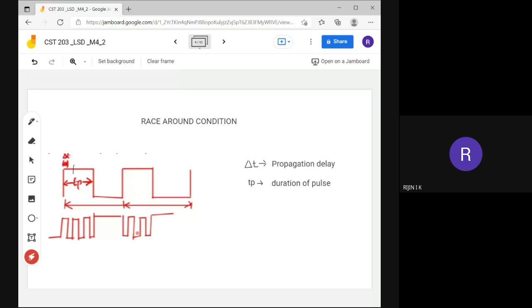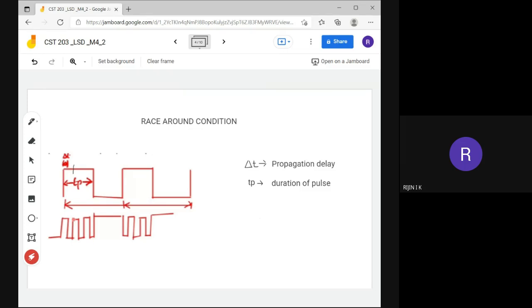That means if the clock pulse is too long and the propagation delay is less than the duration of the clock pulse, then the state of the flip-flop will keep on toggling.